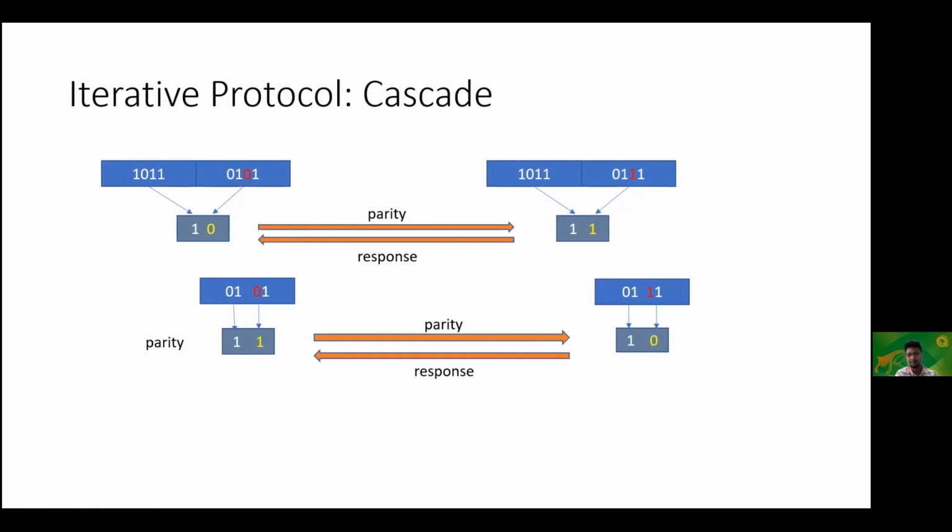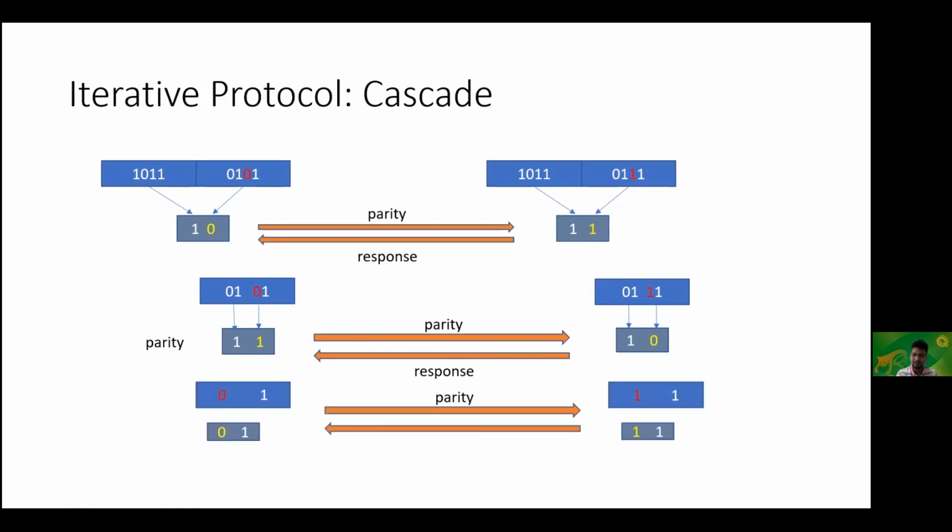And then they split the second block again into half and compute the parity. This way, whenever they split it, if the error is in one part of the split, that part will show a mismatch in the parity, but the other part will show correctness. Therefore, it's a binary search, they can weed out a single error in this way.